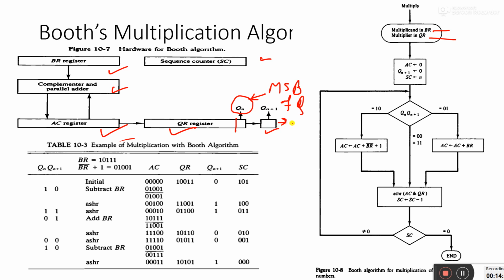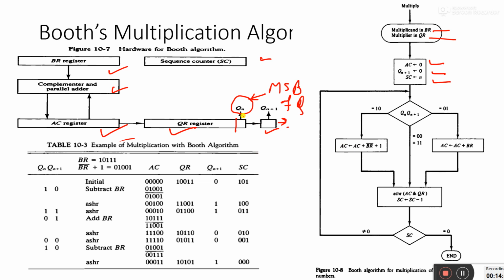It is basically another flip-flop. So now I have set the accumulator to 0, my Qn plus 1 is 0, and my sequence counter is initialized as n.